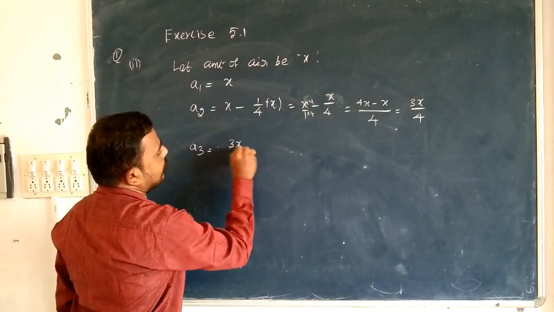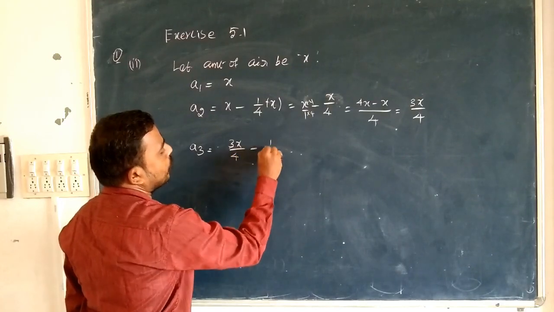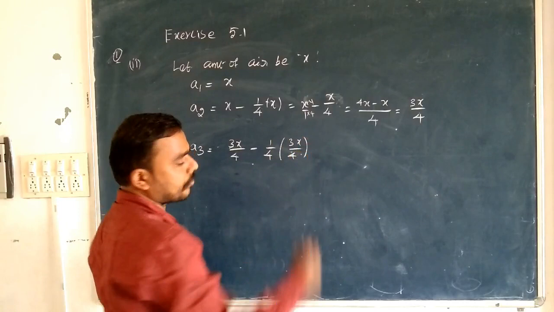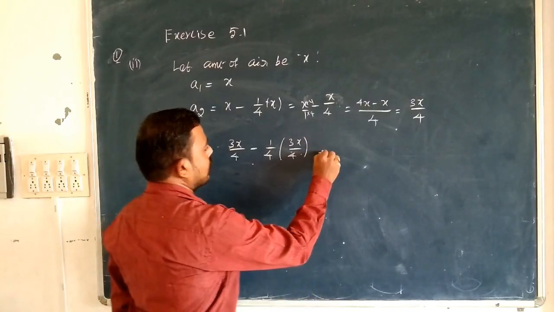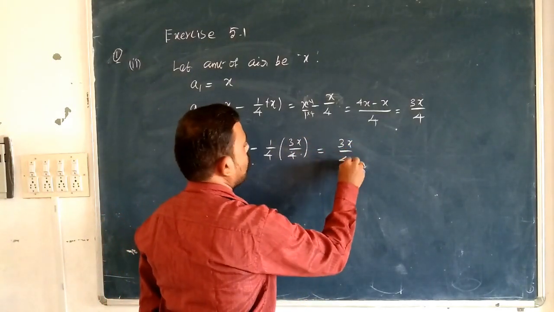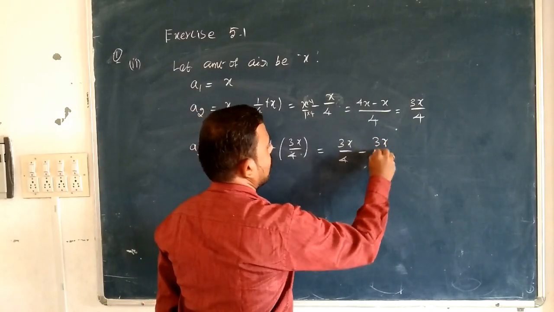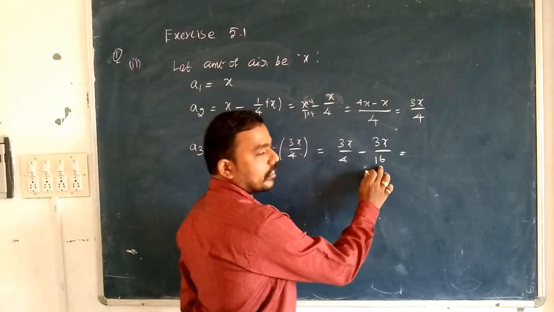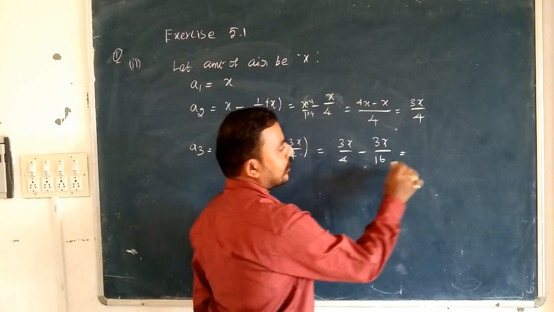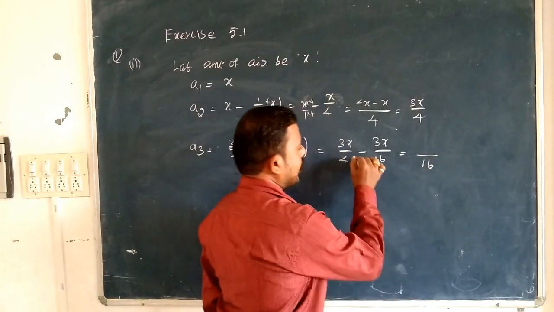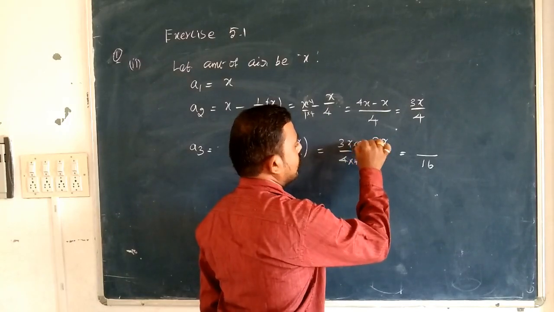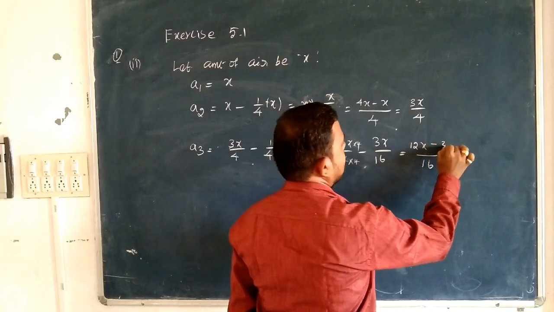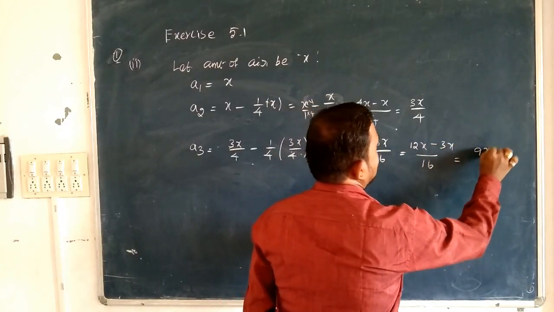So 3x divided by 4 minus 1/4 of 3x divided by 4, which means 3x divided by 4 minus 3x divided by 16. The LCM of 4 and 16 is 16, so multiply by 4 here. So 12x minus 3x, so 9x divided by 16.